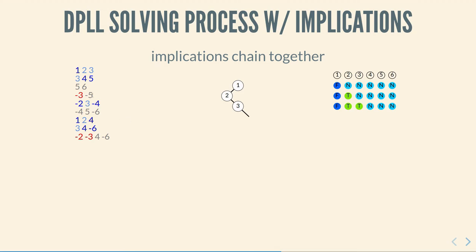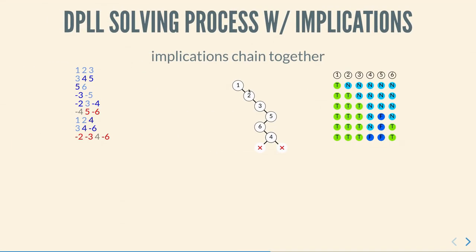Variable 3 being true implies variable 5 is false, variable 5 false implies variable 6 is true, variable 5 false and variable 6 true implies variable 4 is false, but contradiction, because variable 2 being true, variable 3 being true, variable 6 being true implies positive 4. Contradiction. So between these two examples, we have 1 false, 2 true, 3 true, contradiction. And in the previous example, 1 true, 2 true, 3 true, implication, contradiction. So the same implication chain to a contradiction is triggered multiple times.